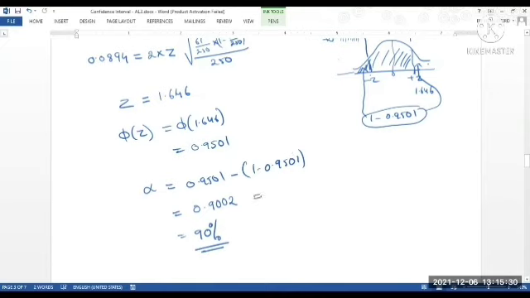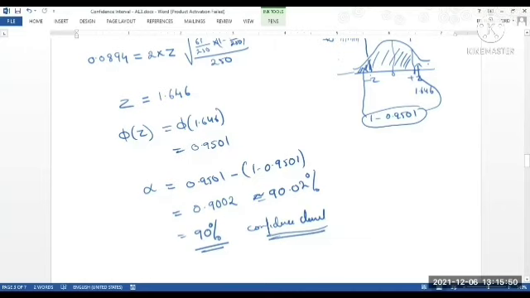So you can write this as 90.02%. And if they ask you to round it to the nearest whole number, it is 90%. And that is your confidence level, which is your 90%.